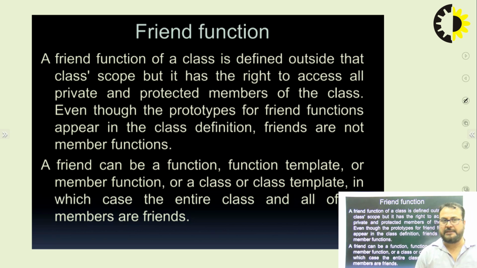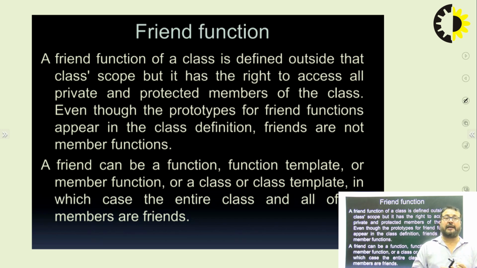See, C++ has the utility to use the friend function. Like the nature of a class, see the nature of a class. A class can have two things: one is member variables, the other is member functions.